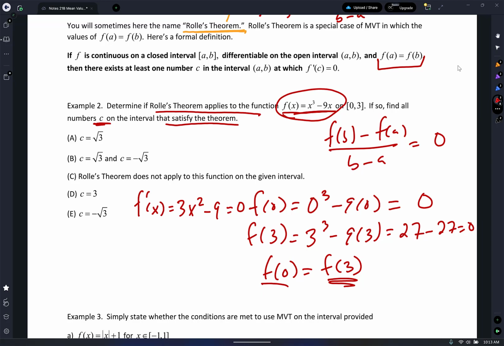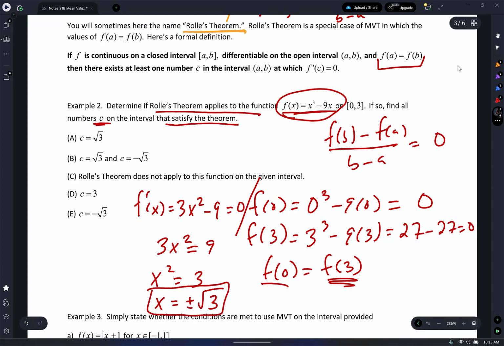Are we okay so far? Now you're done with calculus. You're just doing algebra. 3x squared equals 9. Divide both sides by 3. x squared equals 3. And then what do I do to get rid of that square? So x equals plus or minus the square root of 3. Now be careful. They're going to try and trick you. So catch up to here.